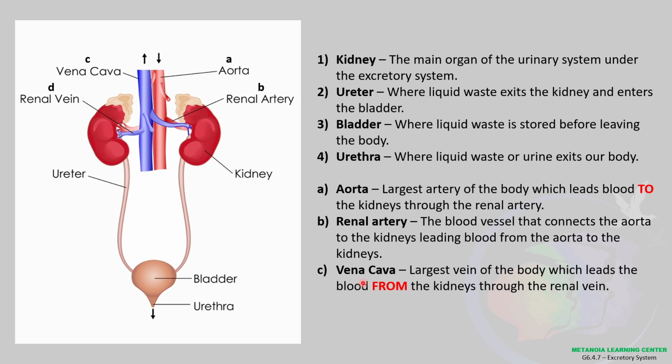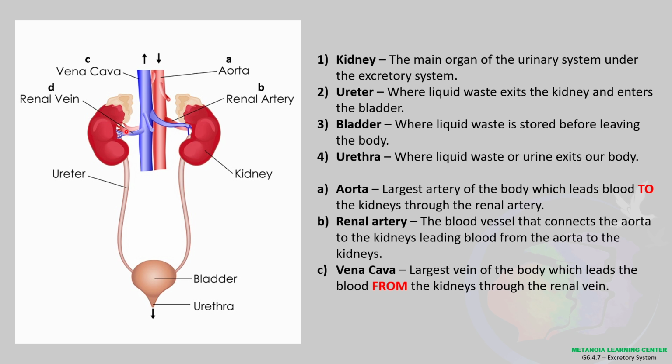Okay? So vena cava naman, largest vein of the body which leads the blood from the kidneys through the renal veins. So kidneys natin, parehas lang yan ha, kasi both naman may connection between the aorta and vena cava. Also for the renal artery and renal vein. So ito yung renal vein.